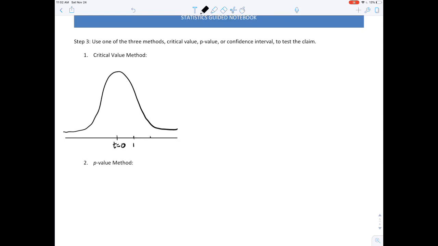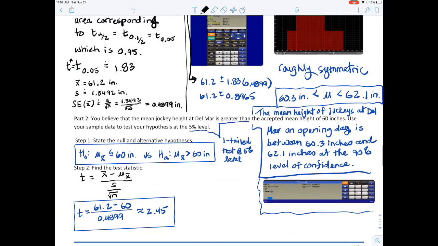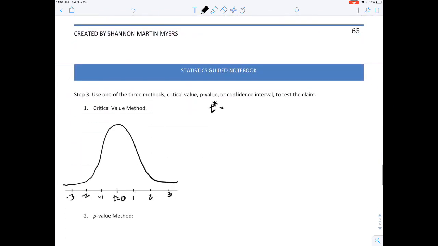1, 2, 3, -1, -2, -3. And so from our work before, we got that t star was equal to 1.83.